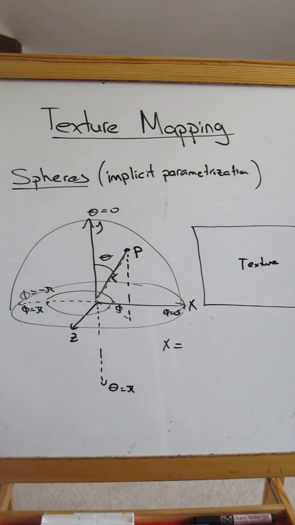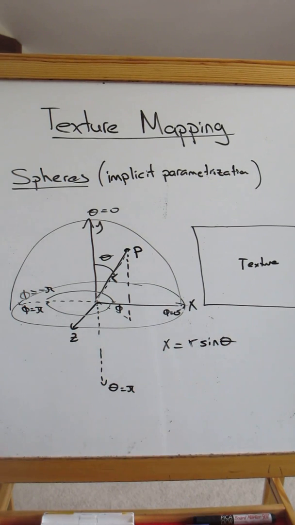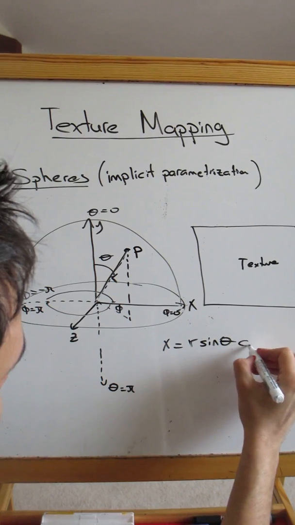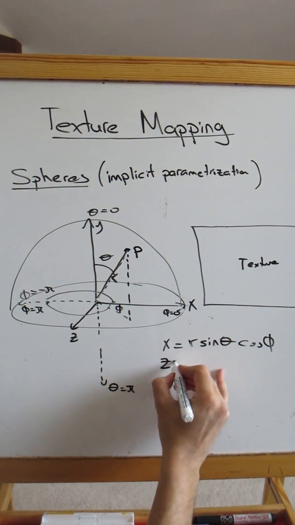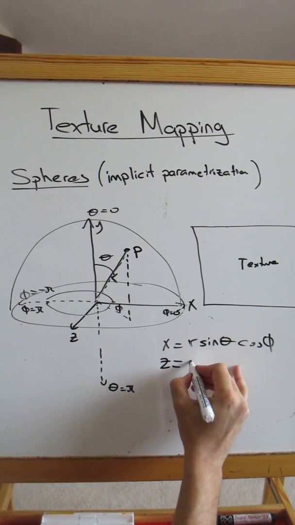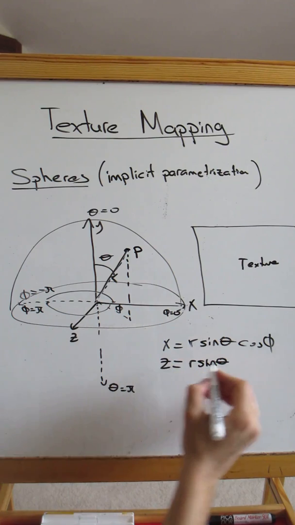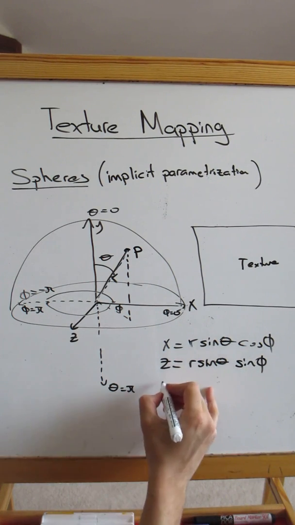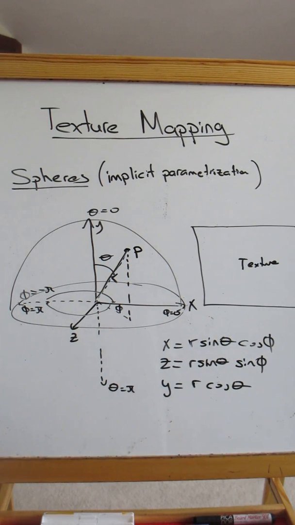X is equal to r sin theta, which is this distance, times cos phi. Z is similar. Z is equal to r sin theta, this time times sin phi, and y is r cos theta.